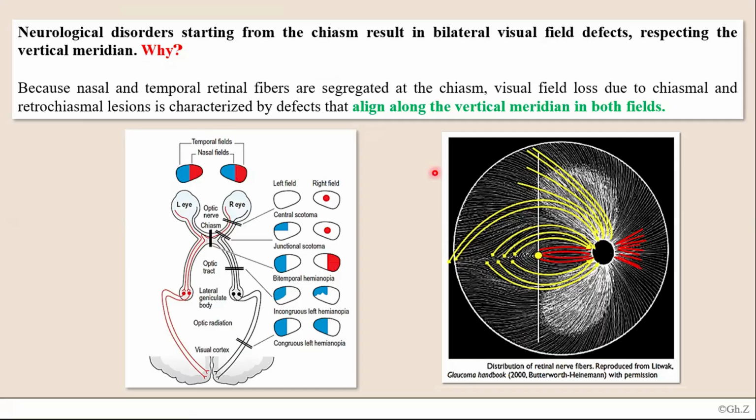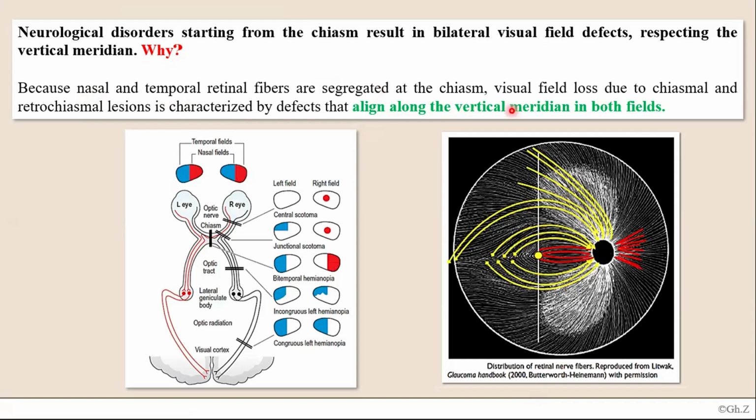First, there is a kind of topographic representation of the nerve fibers that we talked about before. And then, because nasal and temporal retinal fibers are segregated at the chiasm. Okay, so the nasal fibers cross, temporal fibers pass uncrossed.